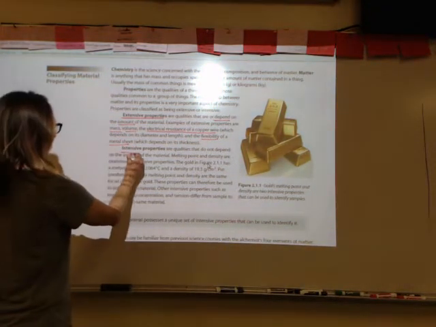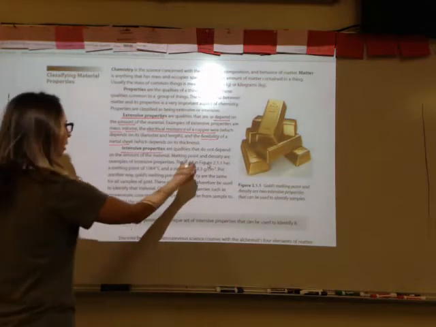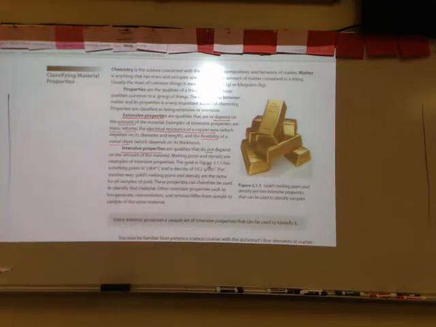We can also have intensive properties, which do not depend on the amount of material that we have. So these are things like the melting point, the density. The melting point of gold is 1064 degrees Celsius. Its density is 19.3 grams per centimeter cubed. It doesn't matter how much gold I have. Its melting point and density will always be the same.